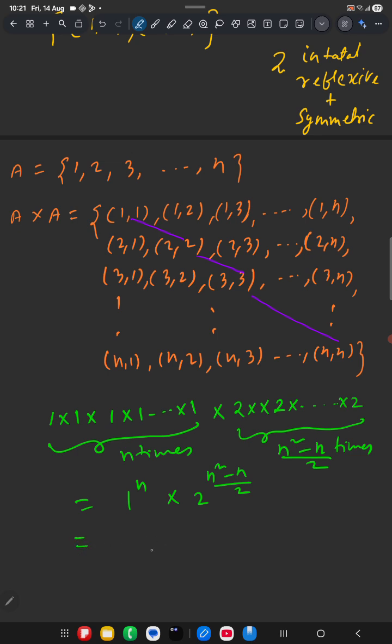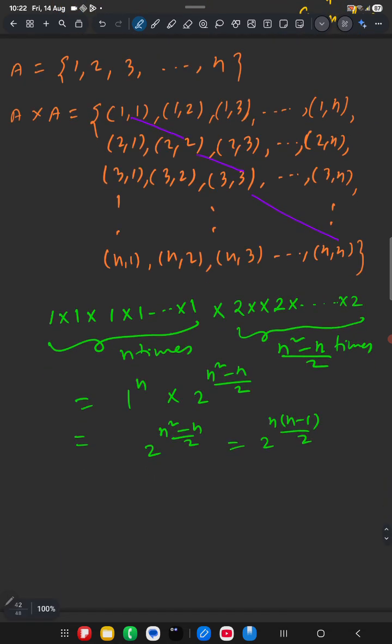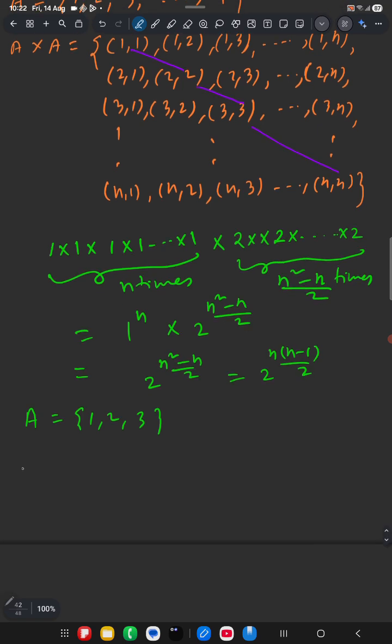When you calculate this, you will get 2 raised to the power (n square minus n) upon 2, that is 2 raised to n(n minus 1) upon 2. This is the formula for the total number of reflexive as well as symmetric relations. Now if you have three elements, how many reflexive as well as symmetric relations are there?